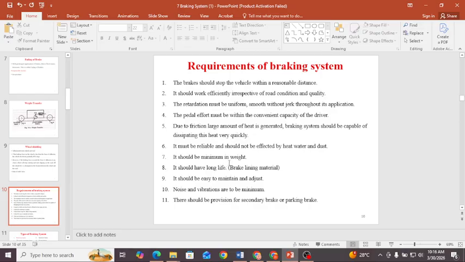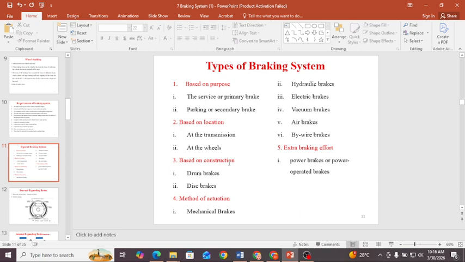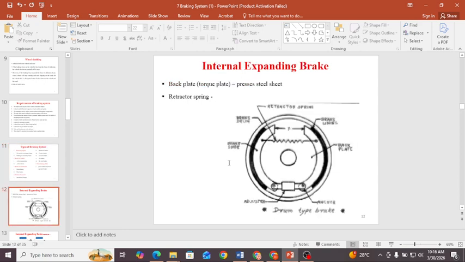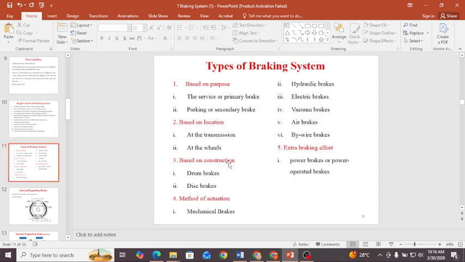Then the requirements of an ideal braking system. Then the types of braking systems: based on the basic purpose, based on the location, based on the construction, based on the actuation, and based on the extra braking power effort.